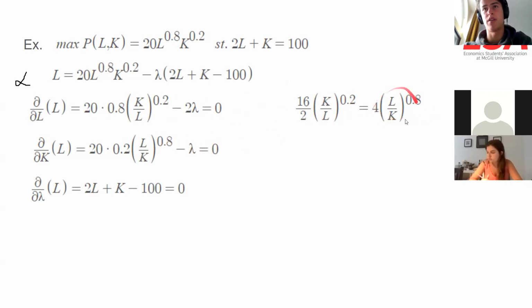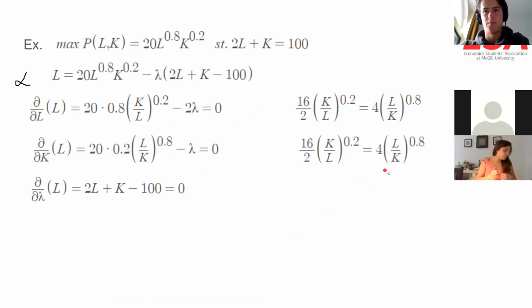The right-hand part of this equation comes from the second first order condition, which is 20 times 0.2, which is 4, times (L over K) to the 0.8. Again, I hope this is clear, that we got this by adding lambda to both sides. So it's as if we didn't have this element, but that we did have a lambda here. And again, that we didn't have this element, but we have a 2 lambda, or a lambda once we divide it by 2. Sorry, my pointer is a bit broken right now.